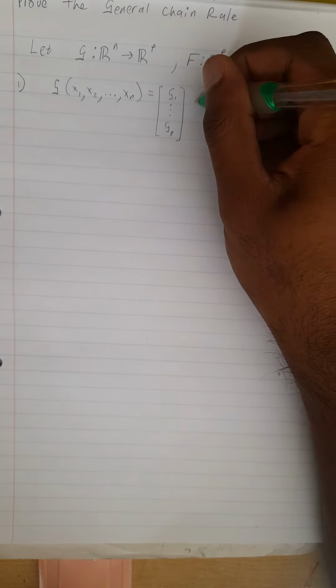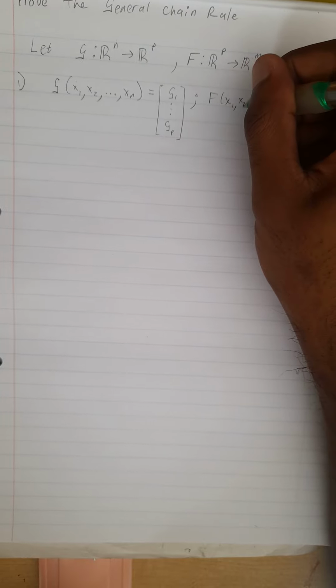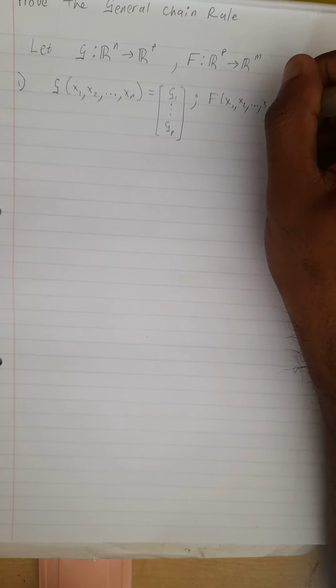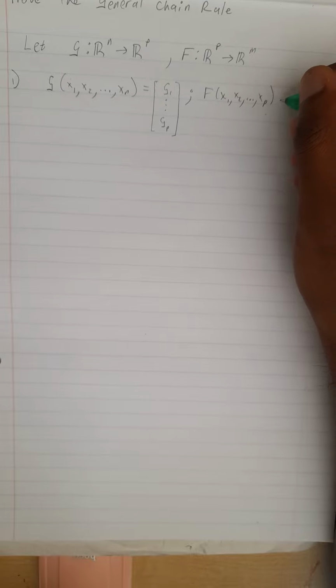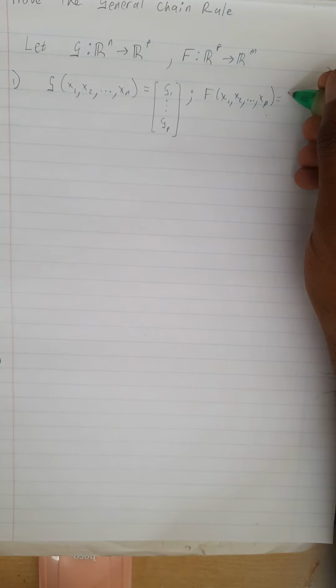That's a perfect relationship for a composition. So from x1, maybe x2 up until xp, and then spitting out m outputs. So basically something like f1 all the way up to fm.